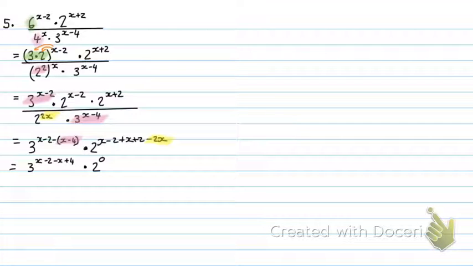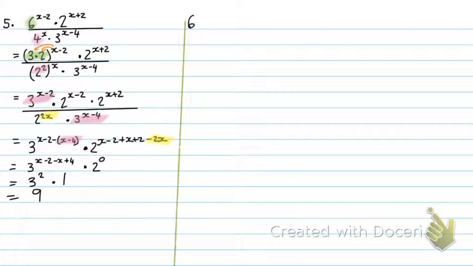If I look carefully at the base 2's exponents, I see x minus x is 0, minus 2 plus 2 is 0, x plus x minus 2x is 0, so it's 2 to the power 0. And for the 3, it's going to be x minus x, which is 0, and negative 2 plus 4 is 2, so it's going to be 3 to the power of 2 times 1. 3 squared is 9.